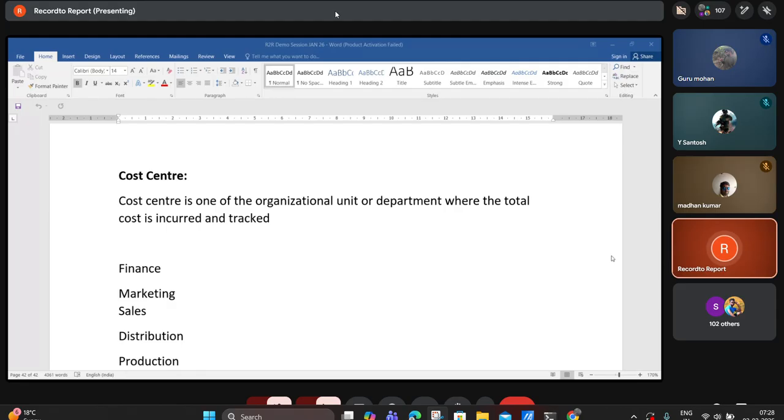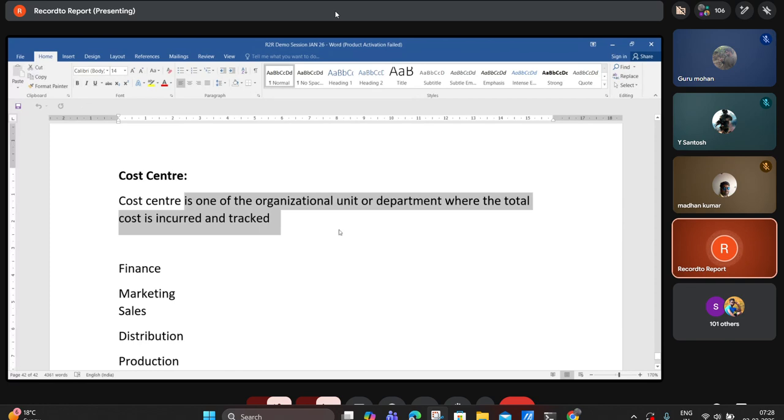If you go to a software company, they have IT, desktop support management, receptionist, housekeeping, and security maintenance. Many departments within a company. So that is called a cost center.